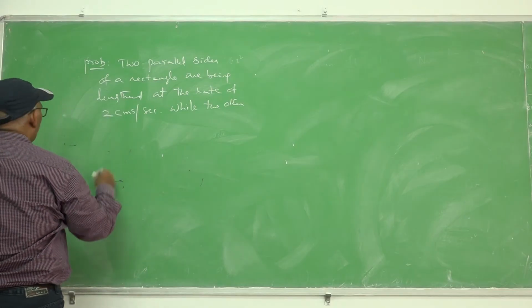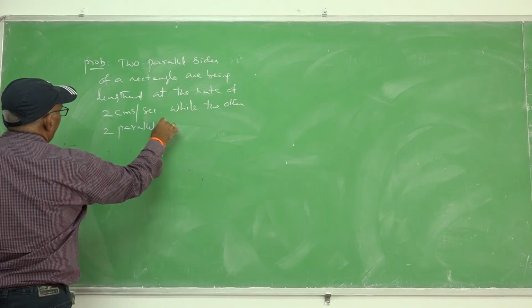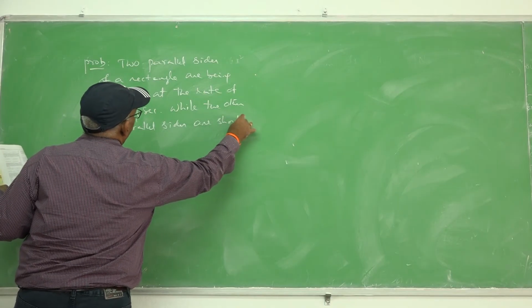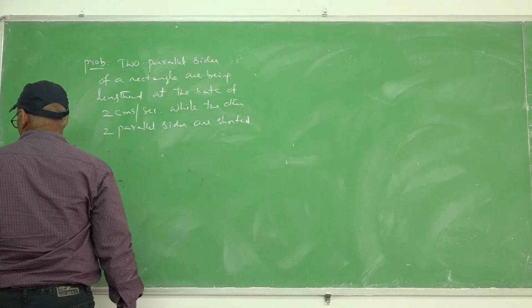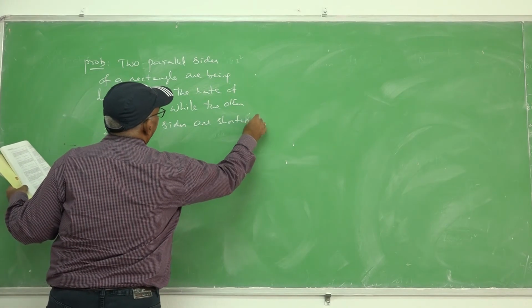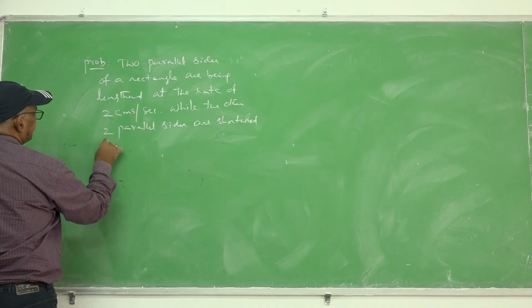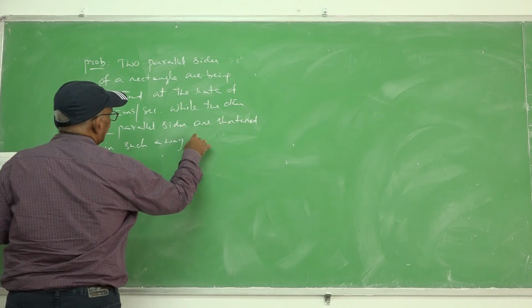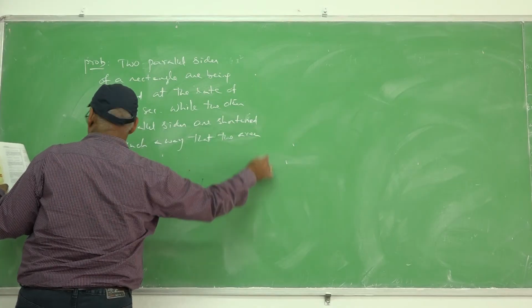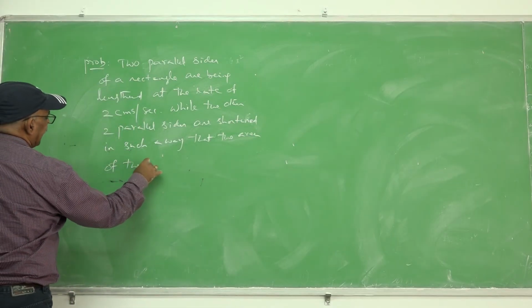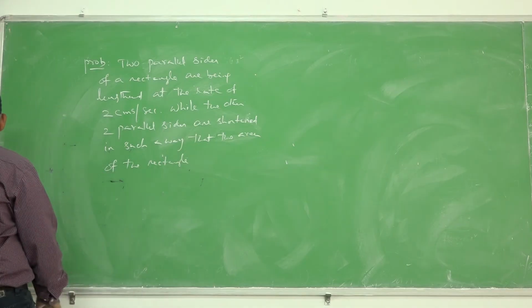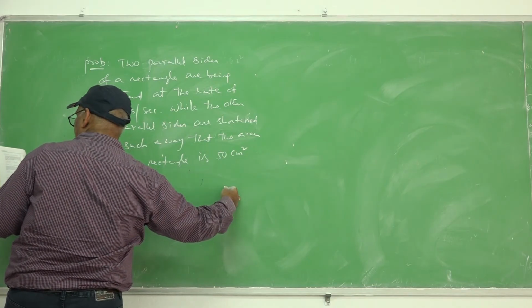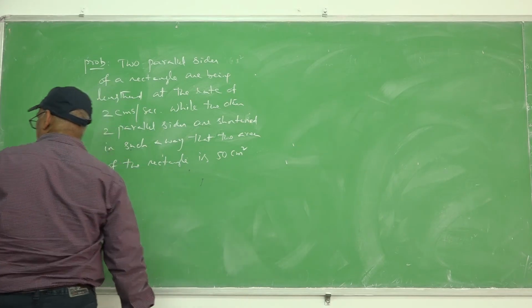other two parallel sides are shortened in such a way that the area of the rectangle is 50 centimeters square.